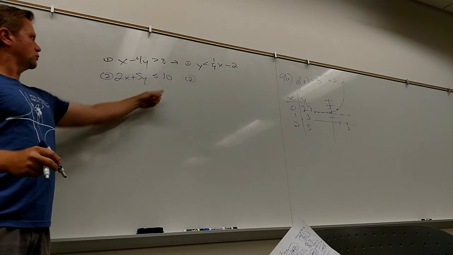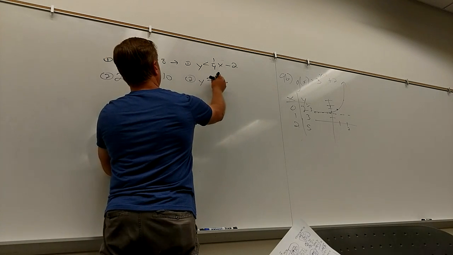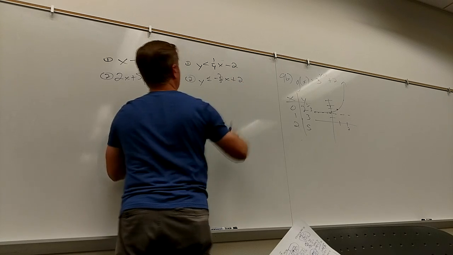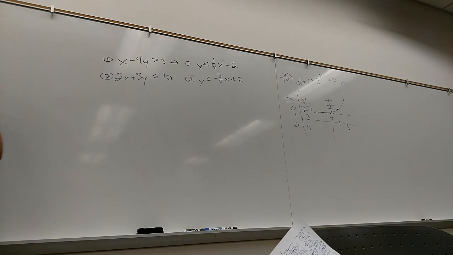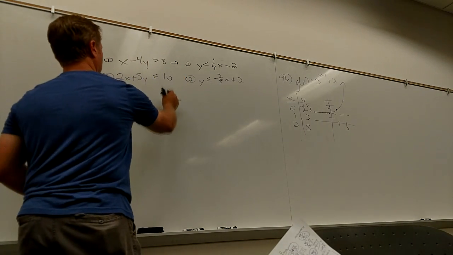On the second one, I would subtract 2x, divide by 5, so I get y less than or equal to negative 2/5 x plus 2. I like it.